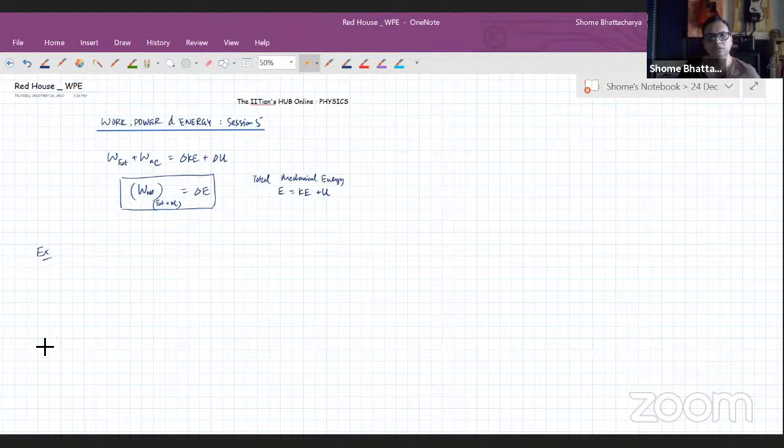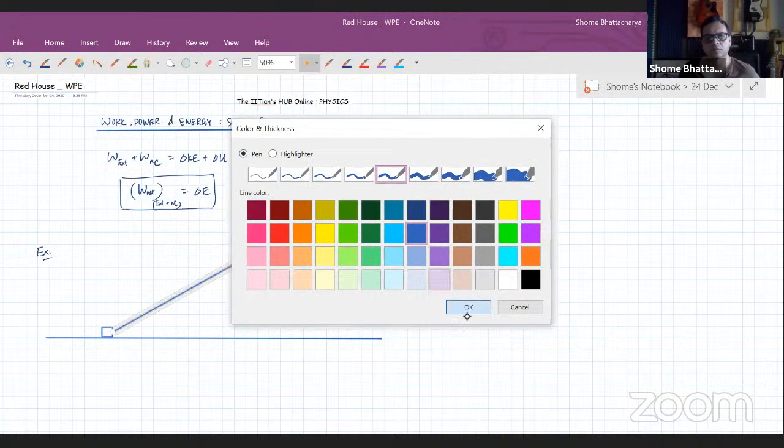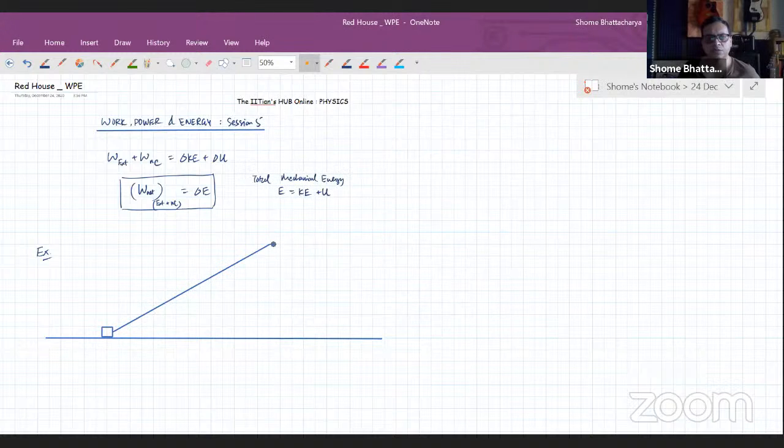We have this situation where on a smooth horizontal surface we have one block kept like this, with a thread tied to it. The thread is going around a standard pulley attached like this to a ceiling.